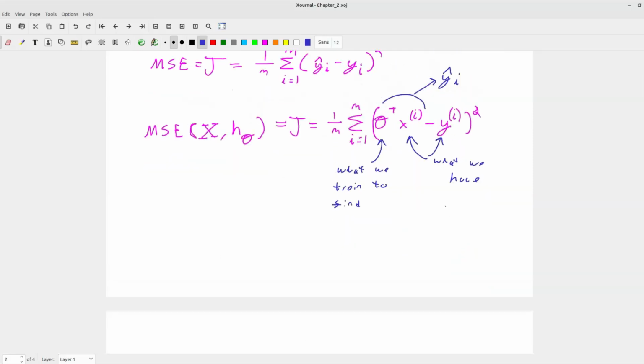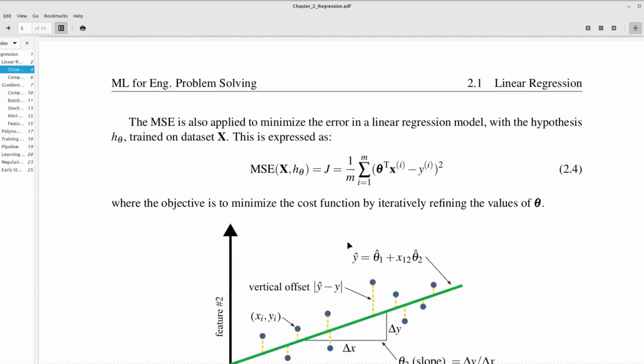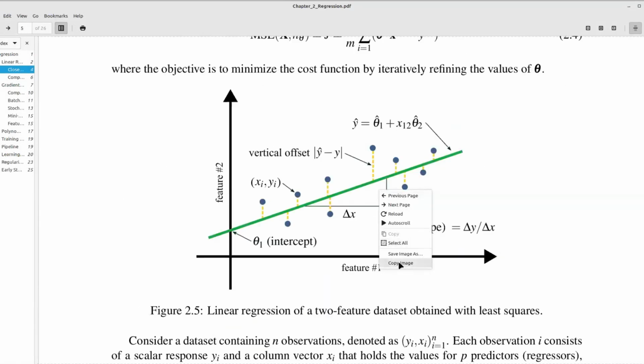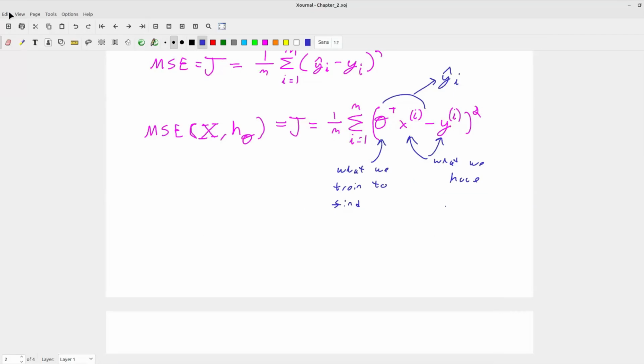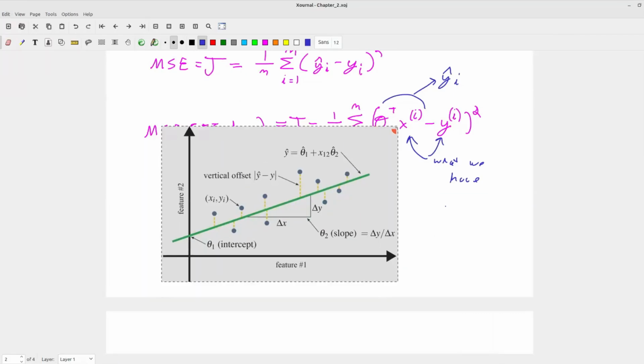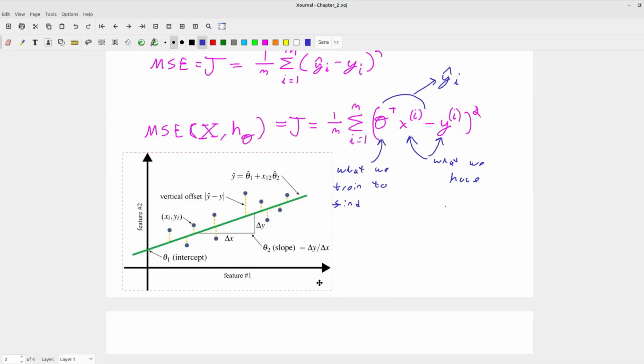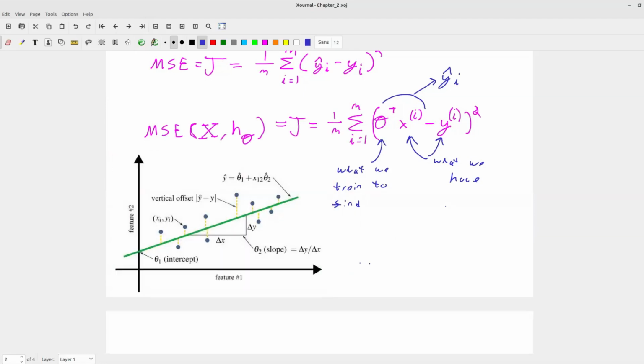A good way to think about this is this plot. Feature 1, feature 2, theta 1 intercept, vertical offsets.